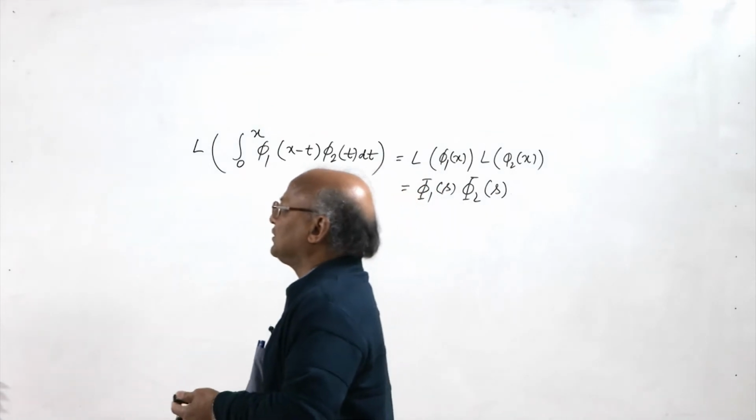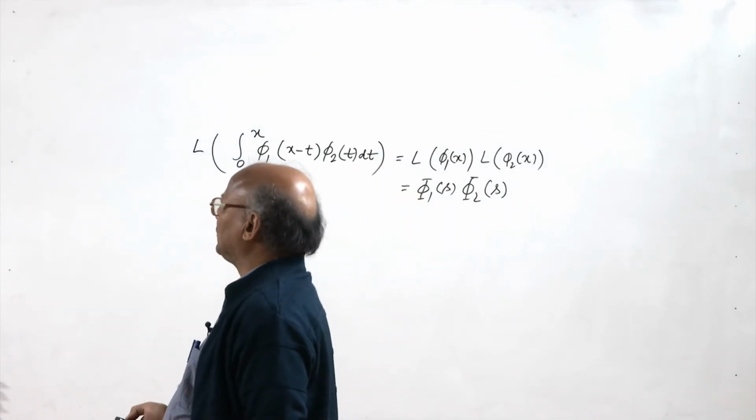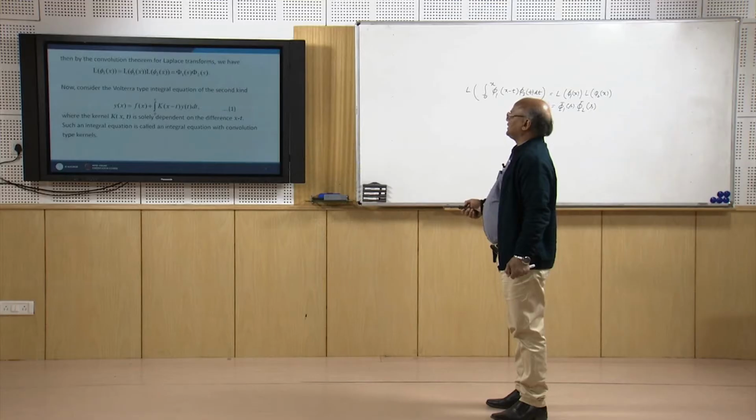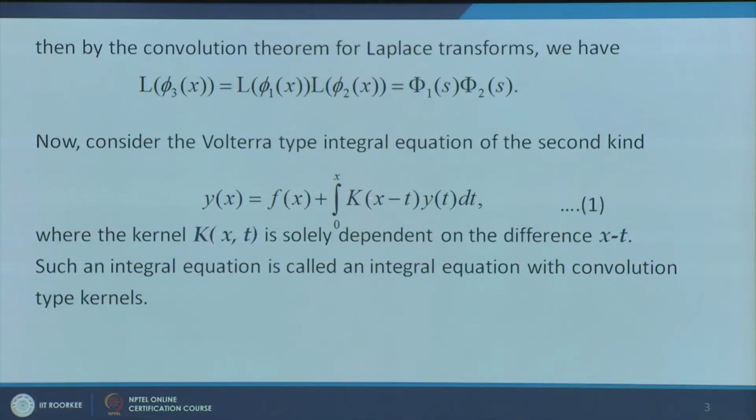Now, let us consider the Volterra-type integral equation of the second kind, y(x) equal to f(x) plus integral 0 to x k(x minus t) y(t) dt. Here f(x) is a known function, and k(x minus t) is also known. This kernel k of the integral equation is solely dependent on the difference x minus t of the arguments, and then you have y(t), the unknown function.